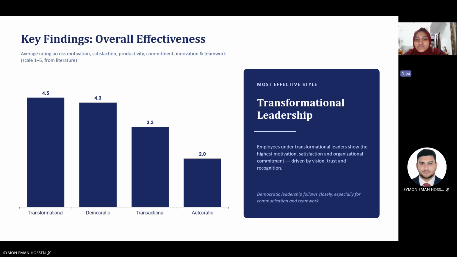Autocratic leadership scores lowest at 2.0, mainly because it consistently reduces motivation, satisfaction, and creativity when used over the long term. The takeaway is to emphasize employee-centered styles that involve and inspire people. Transformational and democratic styles outperform control-based styles.